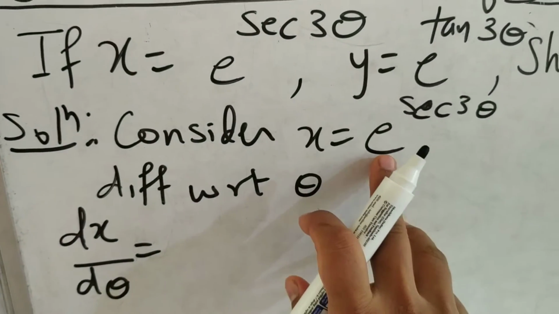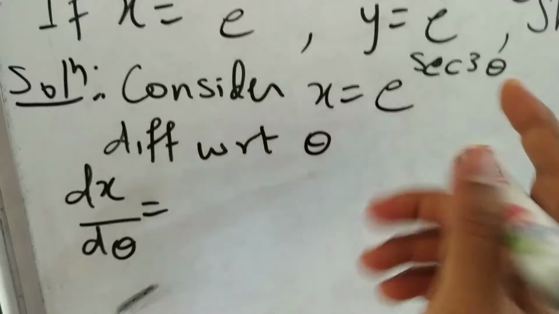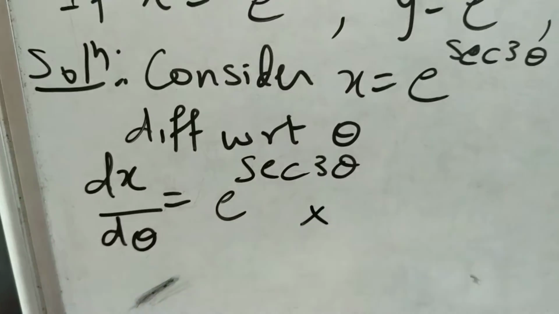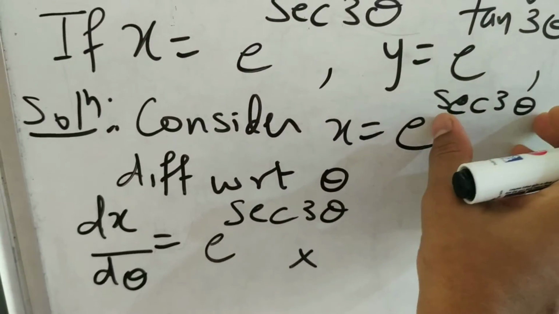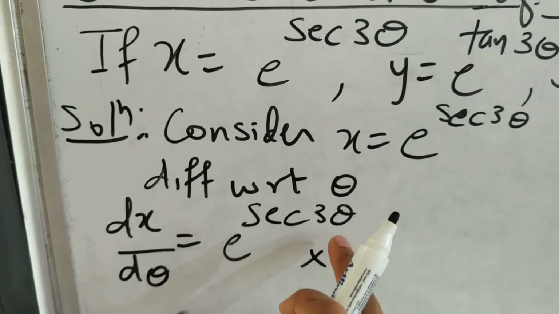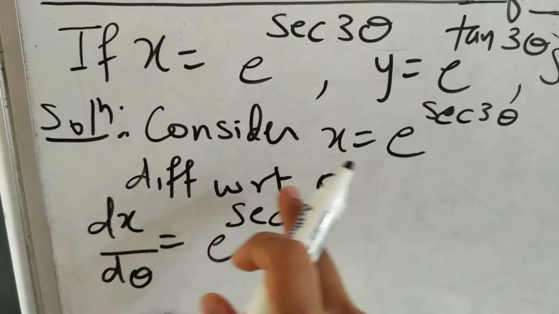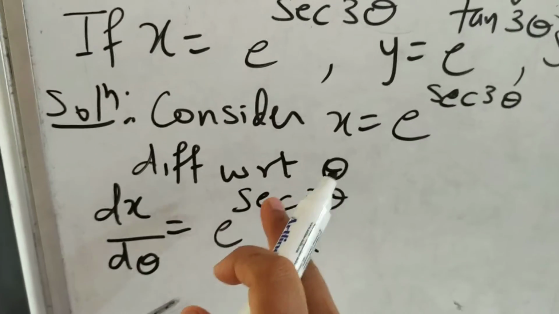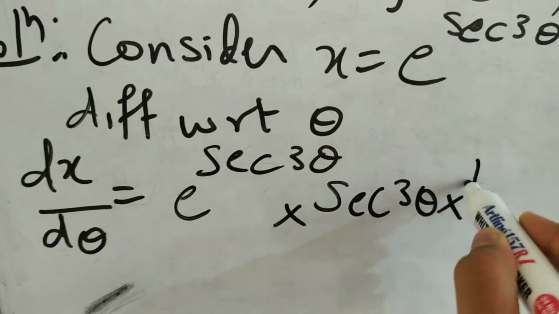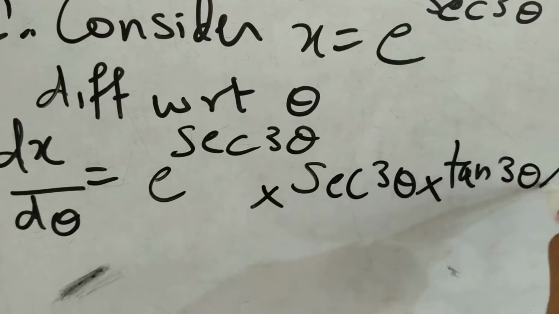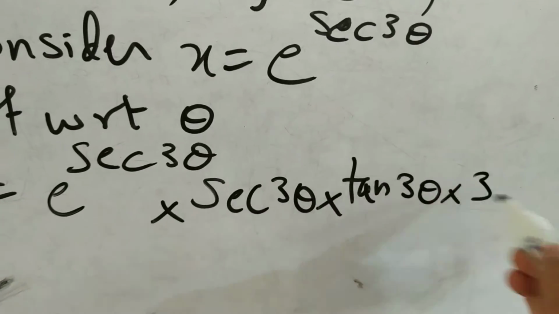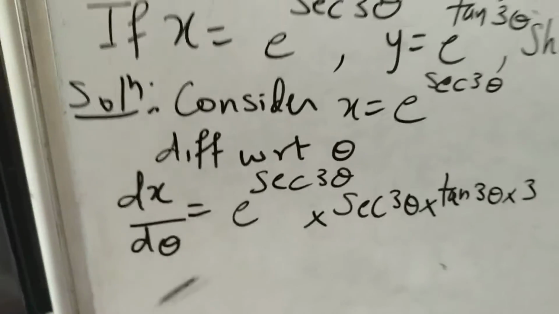So using the same formula, derivative of e raised to sec 3 theta is e raised to sec 3 theta into, since this is a composite function, the derivative of sec 3 theta, which is sec 3 theta into tan 3 theta, into derivative of 3 theta, that is 3.